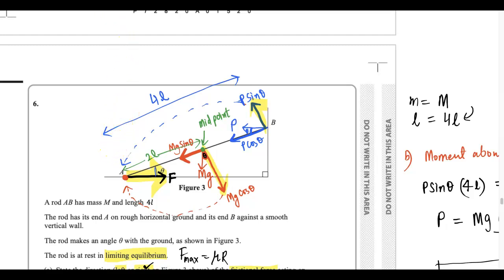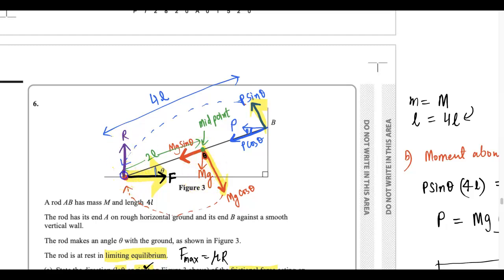Okay, that's fine. So let me add some other color. We are ending up with colors. Let me take another color here, maybe the purple. This is R, normal reaction at point R. Now, this normal reaction is opposite to the mg, like the weight.